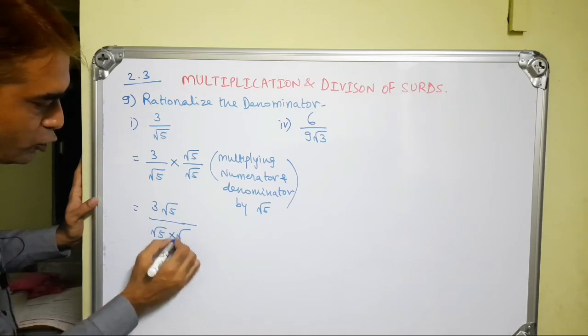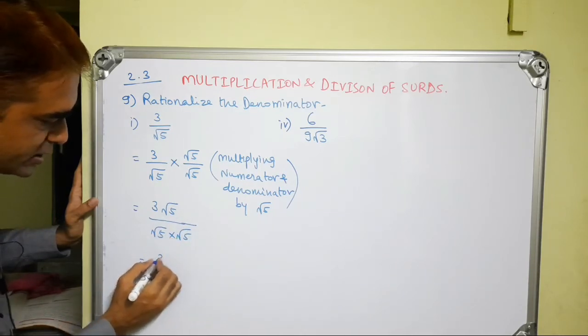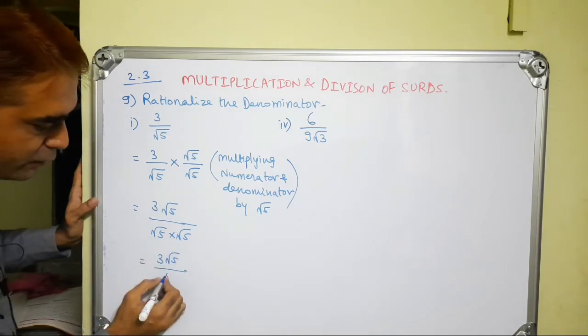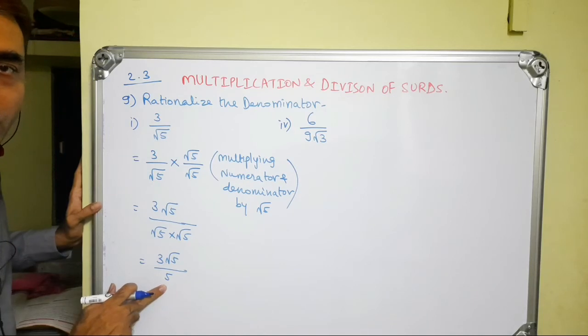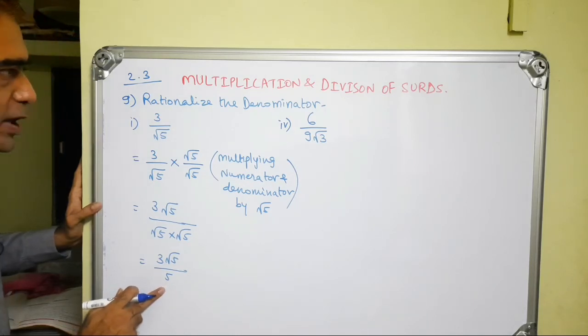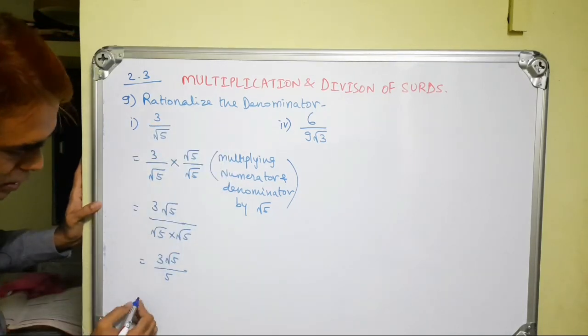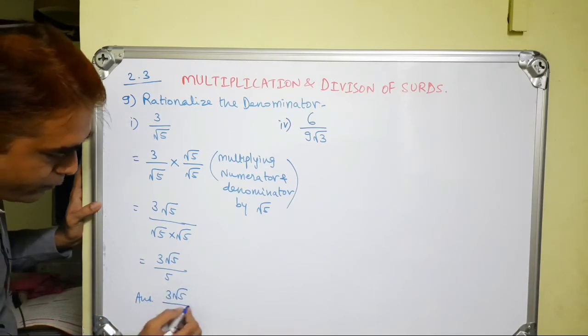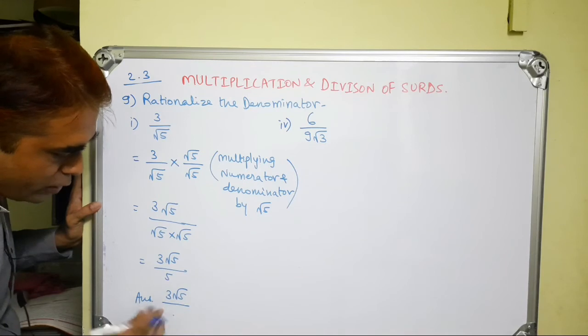Root 5 into root 5 is 5. Here the denominator is a rational number, so we have rationalized the denominator. Answer: 3 root 5 upon only 5.